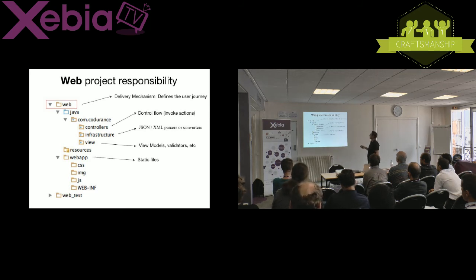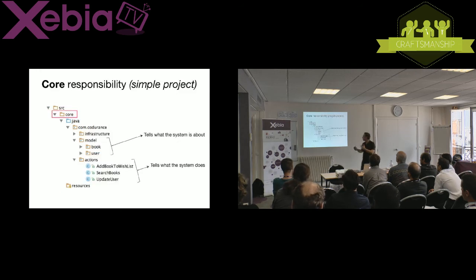And then infrastructure, as I said, can have the parsers if you need, and view models, and all this sort of good stuff. But the cool thing is about here. So in a simple project, inside my model, that's what I wanted to do, looking from above. That's my top three packages. I open this one, I have book and users. Those are my two packages.